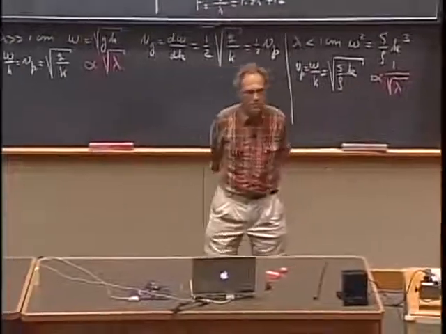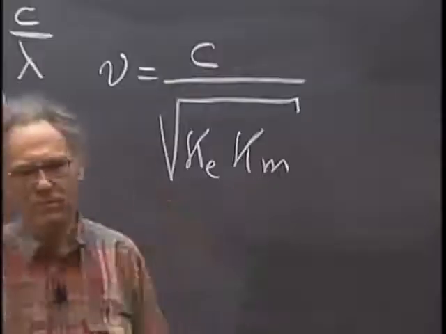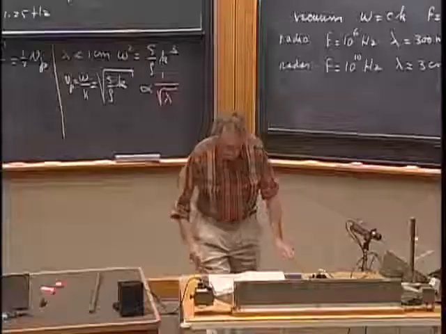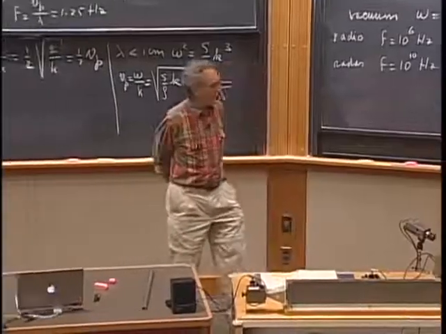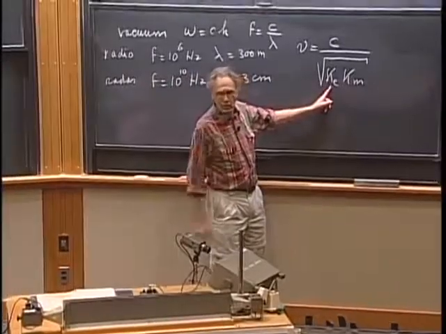And in vacuum, this is 1 and this is 1. But that's not the case for water, and that's not the case for glass. And in fact, kappa E is strongly frequency dependent.